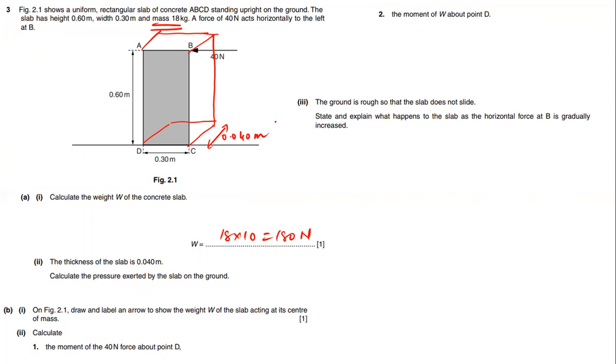So what is the pressure? The force by the surface area of the base. What is the force? Force is 180 newtons, divided by area. It's 0.3 into 0.04 meters, 0.3 multiplied by 0.04 meters square.